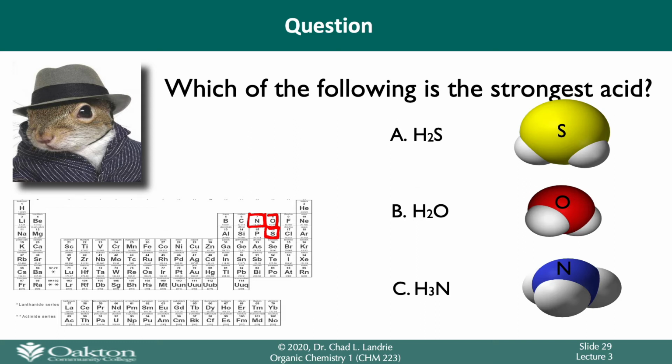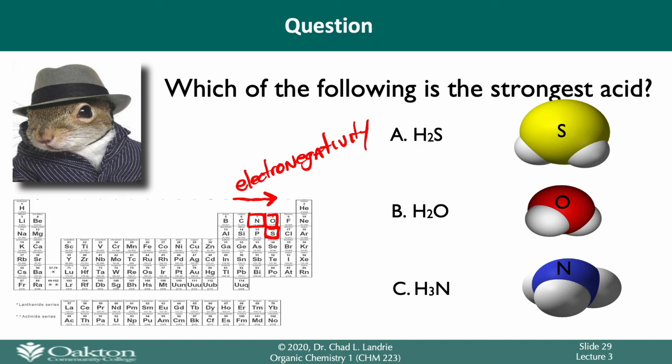We know that as we move left to right across the periodic table, electronegativity is increasing, right? And that's the principle that we're going to use for atoms that are in the same row. So oxygen is more electronegative than nitrogen, and therefore the conjugate base of water will be more stable, right? The oxygen can pull the electron density closer to itself.